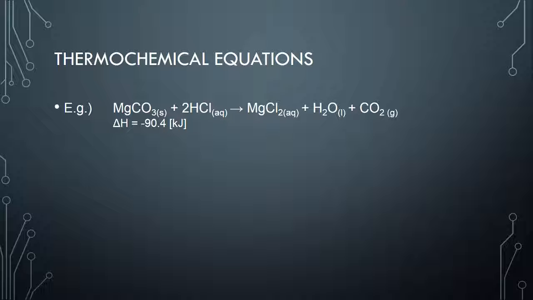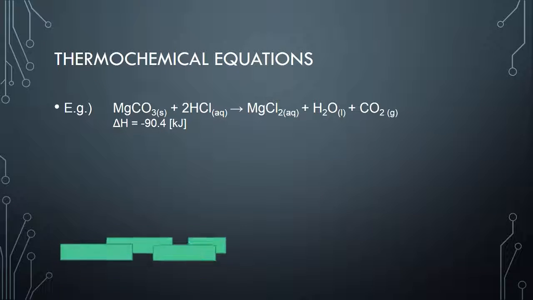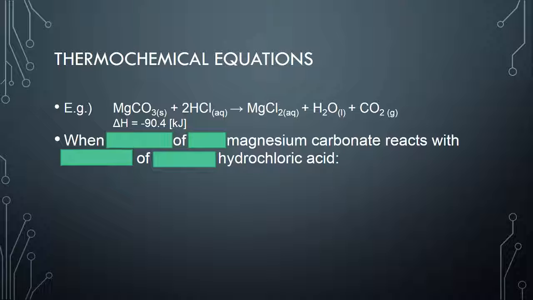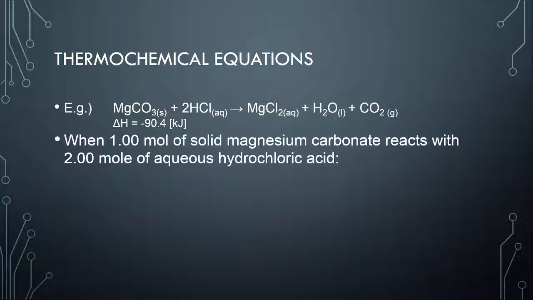So again, let's see what you have noticed from this equation. 1 mole of solid magnesium carbonate reacts with, following the pattern, 2 moles of aqueous hydrochloric acid because it's a solution.